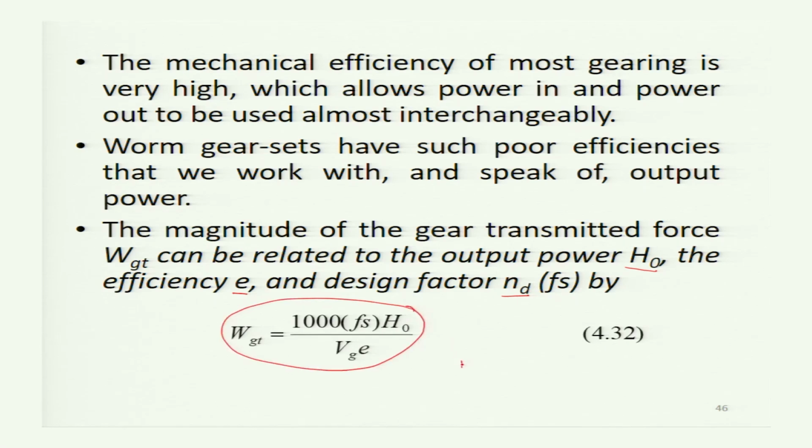Instead of taking the power which is given to the driving gear, whether the worm or the gear, we get the output power, what output we are getting due to the efficiency or the loss of power. So WGT, which is the driven gear, is given by 1000 times factor of safety times HO, the output power, divided by pitch line velocity of the gear multiplied by efficiency.